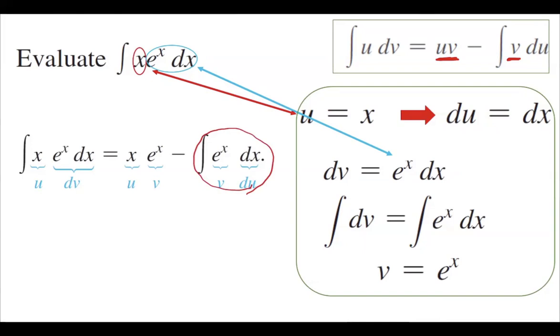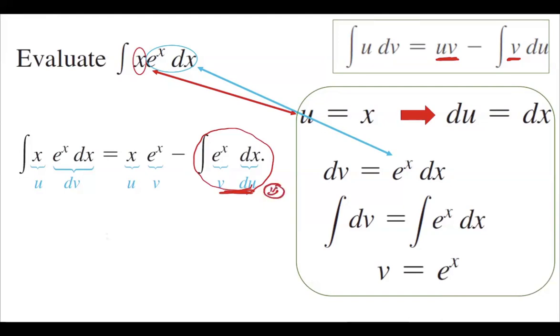That's why I told you at the beginning, for the choice of u and dv, we need to practice. For example, here, if you took u to be e to the x and dv to be x dx, then v becomes a quadratic term, which makes the integration a little bit more complicated. So as long as you see a familiar integral like this, it means that we are happy.